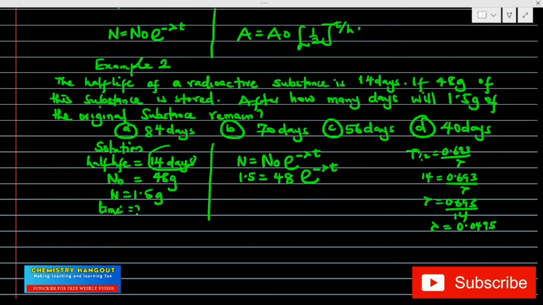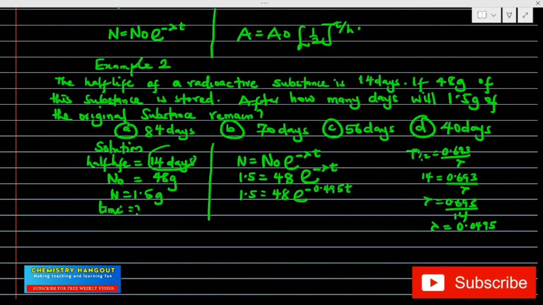So we have that 1.5 is equal to 48 exponential minus 0.0495 t. We want to make t the subject of the formula. What do we do? Let's eradicate 48, so let's divide both sides by 48.